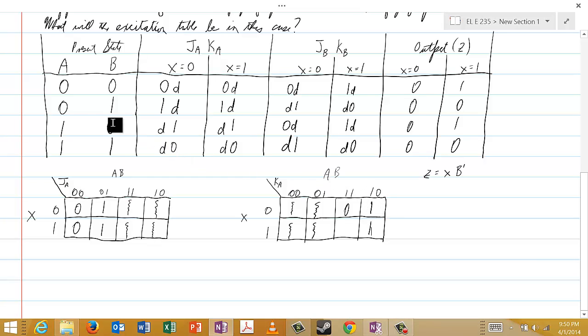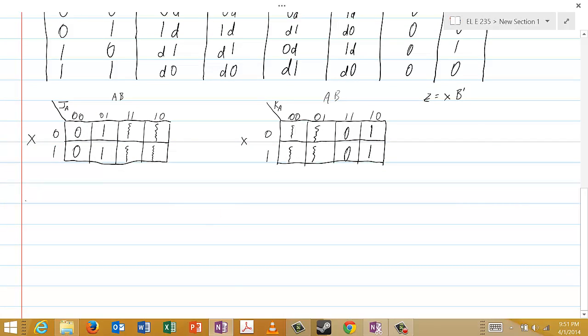And when both A and B are 1, we get a 0. So those are the Karnaugh maps for JA and KA. And now let's go ahead and find expressions for JA and KA.